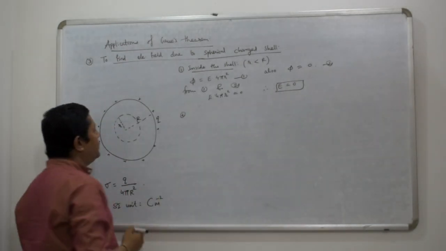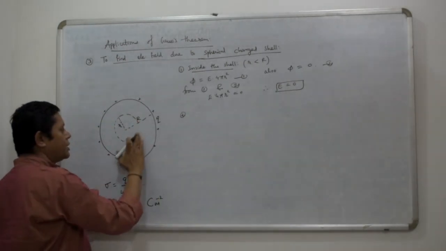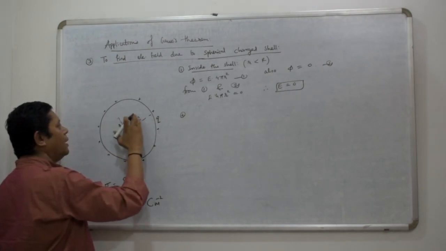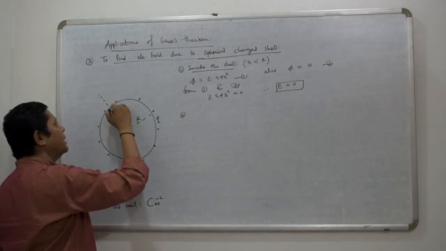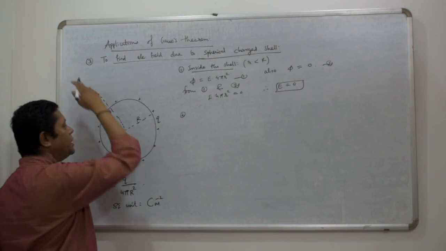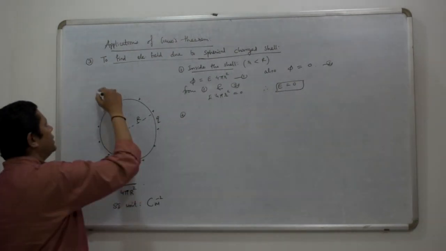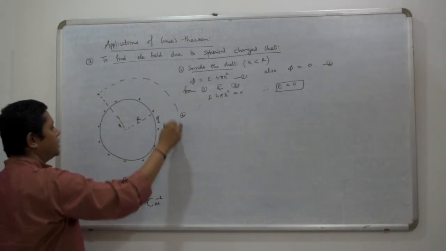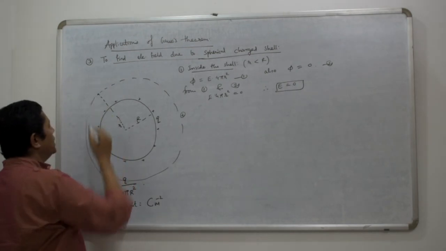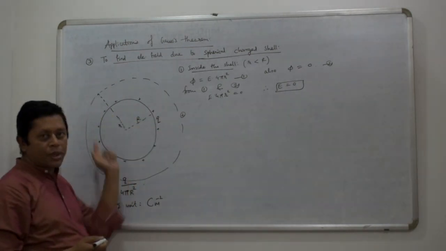Another case: if we consider a point outside the shell. Let's say this point is outside the shell, at distance r, and the Gaussian surface which you draw is enclosing this charge.